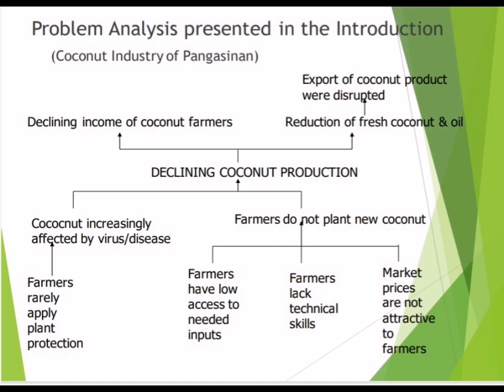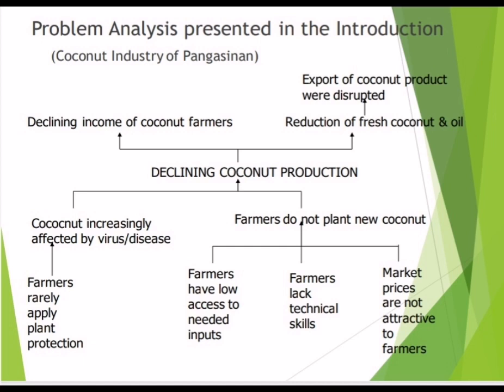So suppose the topic here is declining coconut production. As you can see in this diagram, the topic is written in the middle, and on the upper part are the effects: what are the effects of the declining coconut production? And on the lower part are the causes of why coconut production is declining.